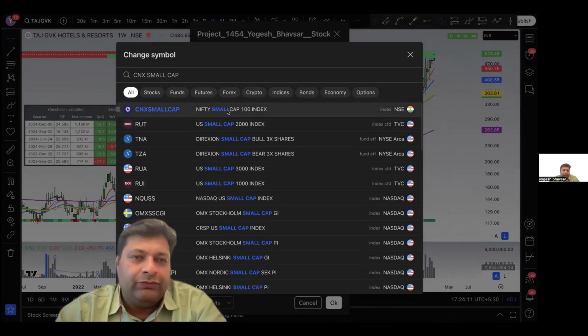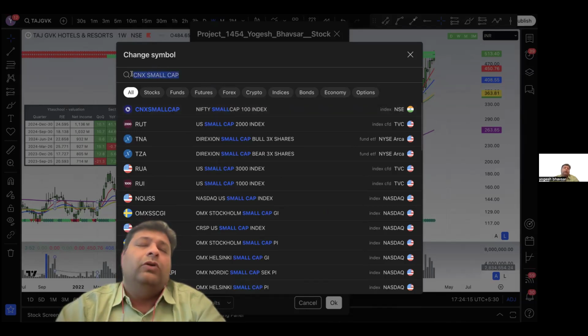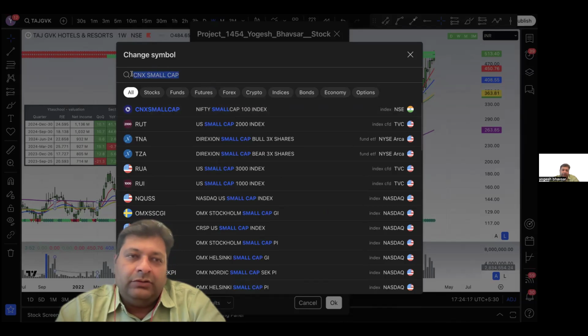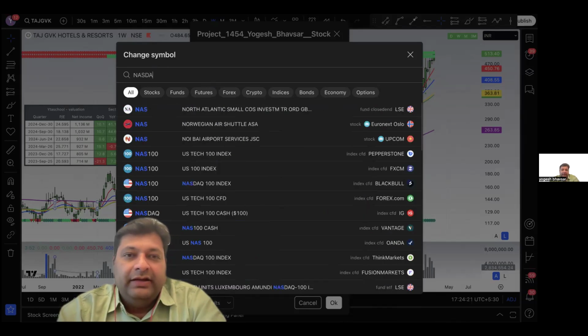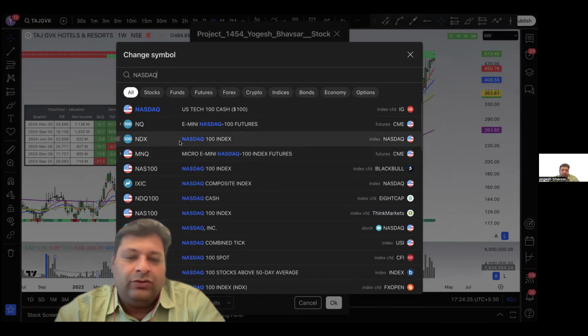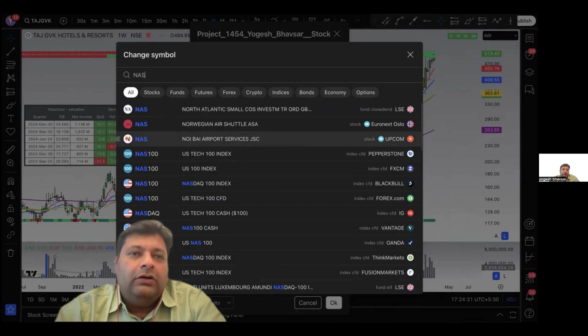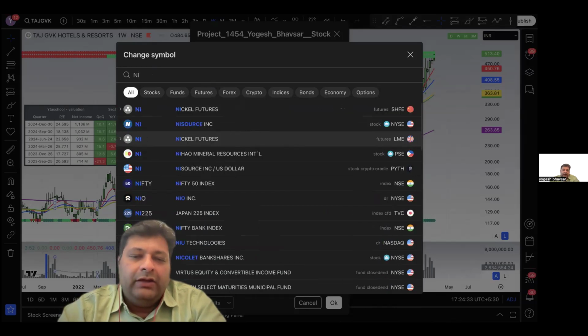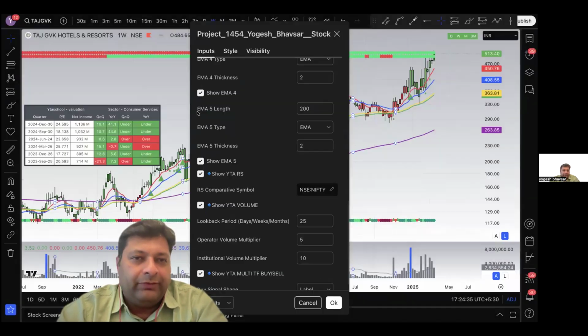Somebody can use 250, however they like, whatever benchmark they are comparing. All the people who trade in the US market or something can use NASDAQ as their index, or whatever you want to compare it with. Normally, I compare it with Nifty 50.